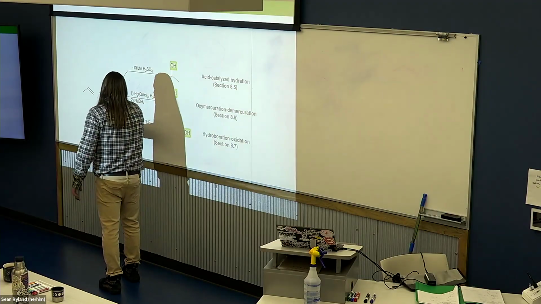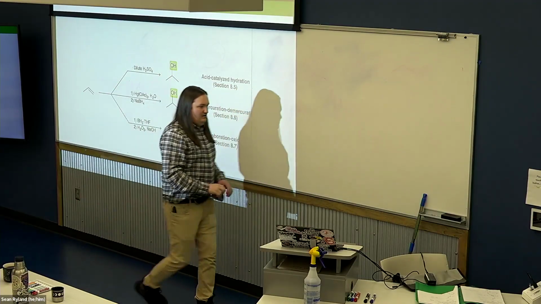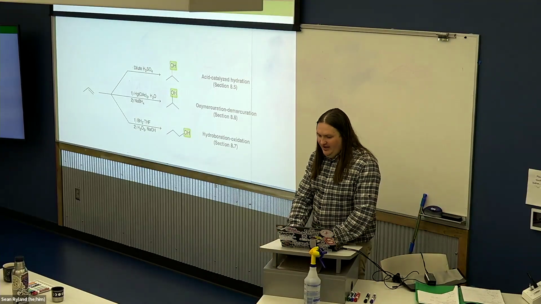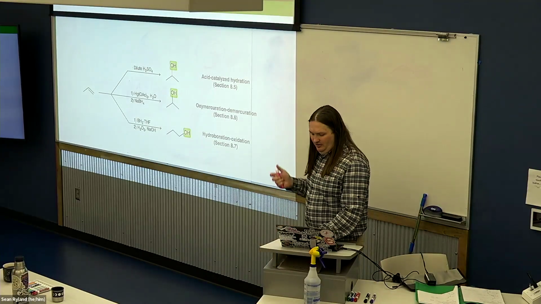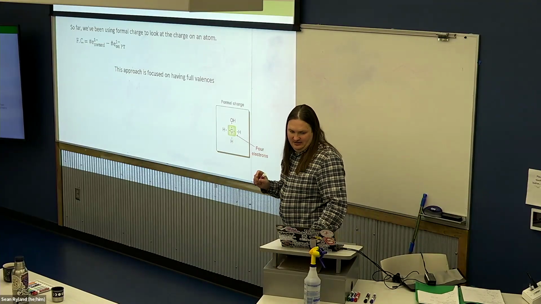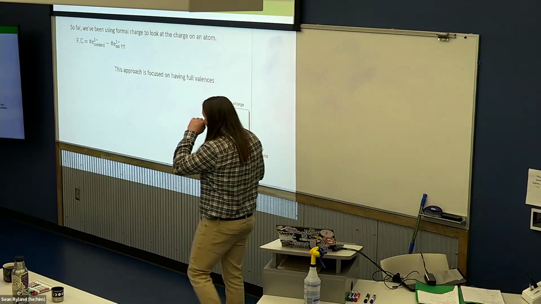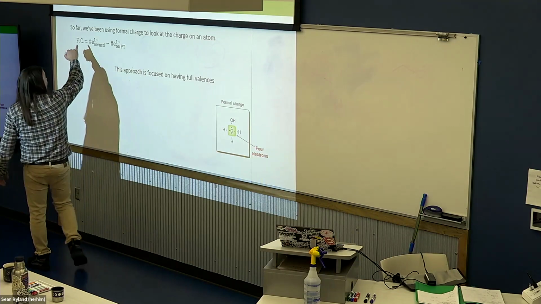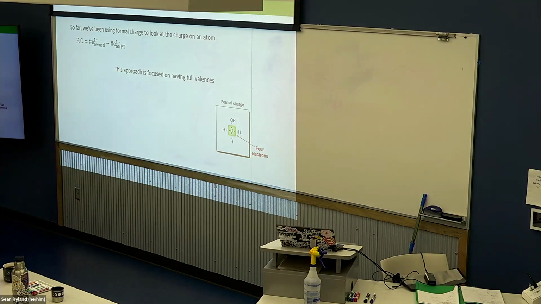There are a few other ways to think about making alcohols though. And this is one of the biggest concepts from this chapter, this idea of oxidation states. So let's review redox for a second. So far we've been talking about formal charge.